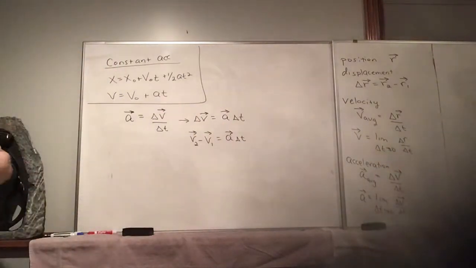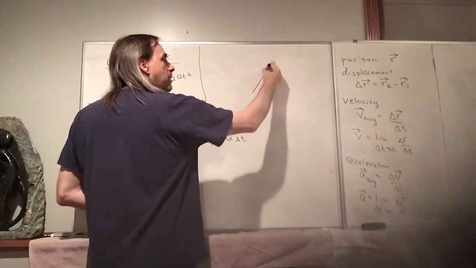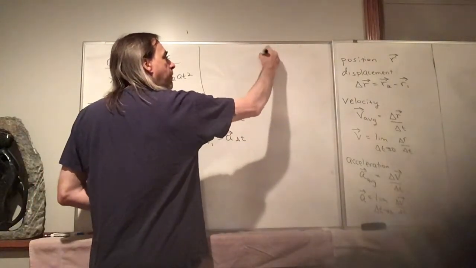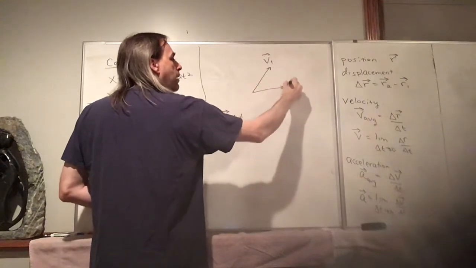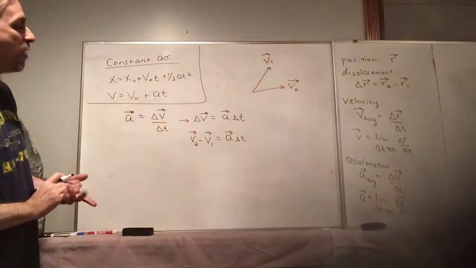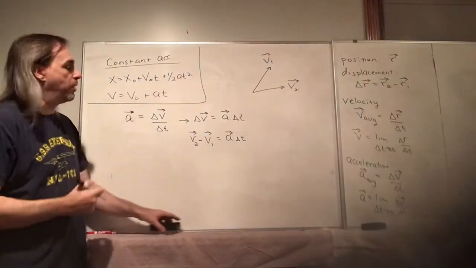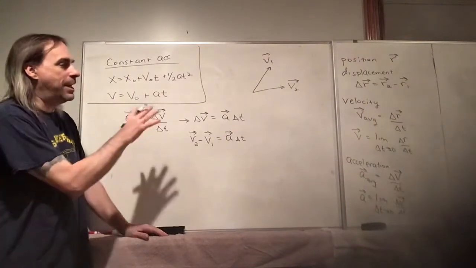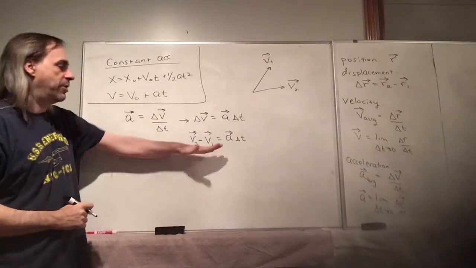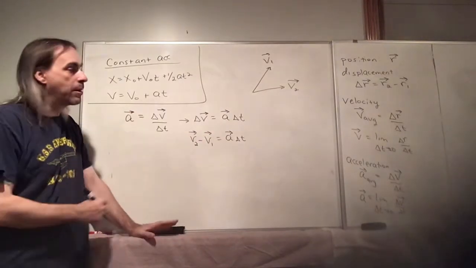All right, so let's say that we have these 2 velocity vectors. So at t1 we have v1, at t2 we have v2. And to subtract them, let's break them into components. So I'm going to do this to the side and then write the result over here just to make it flow a little better.